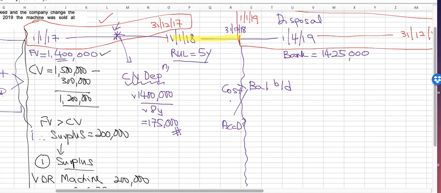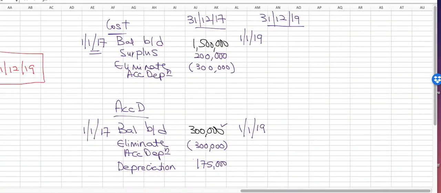Okay. So what is the cost from the previous period? Of course, this one, 1.4 million. This is the one that we use to depreciate the machine. Therefore, this one becomes the cost. So it goes here, balance BD 1.4.